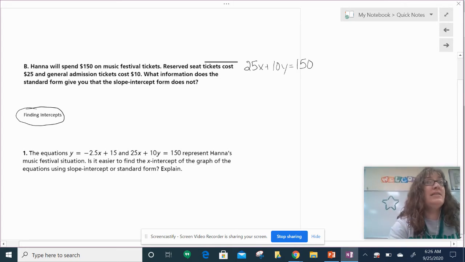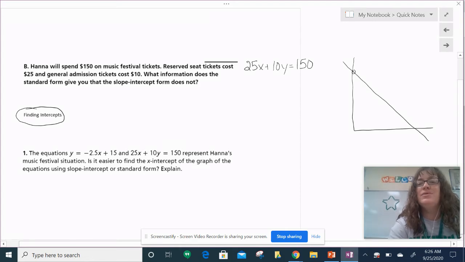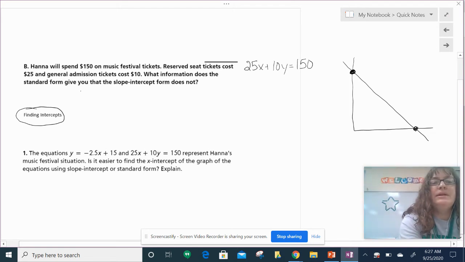So just like that problem that we were doing with the country music and rock music, that situation formed a line like this. This is going to allow me to find where her line crosses the y-intercept and where her line crosses the x-intercept.